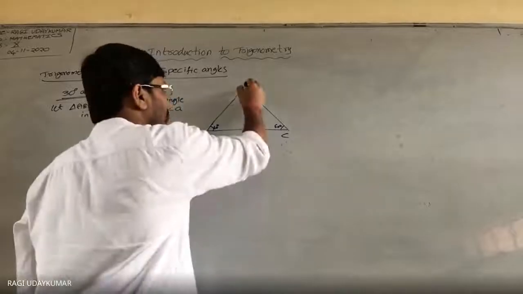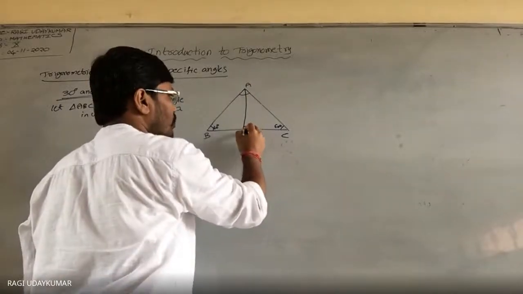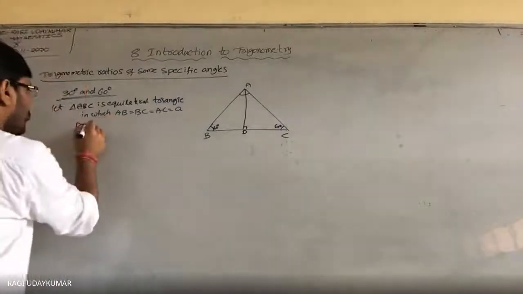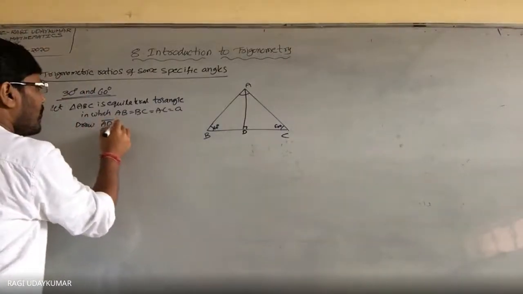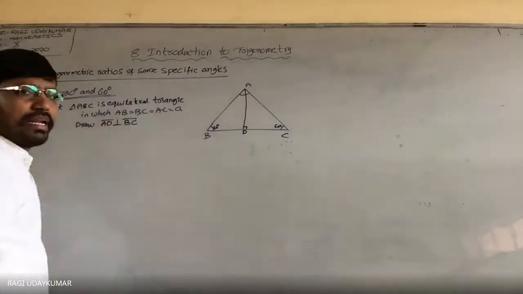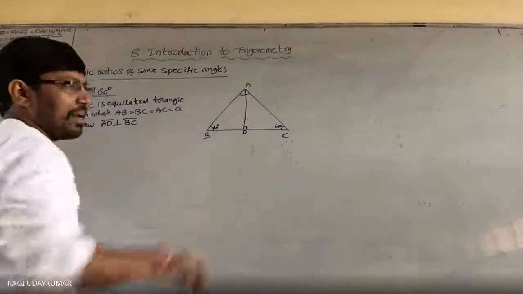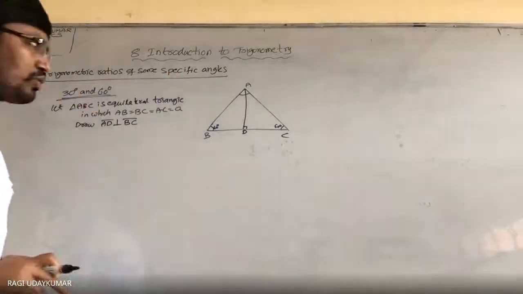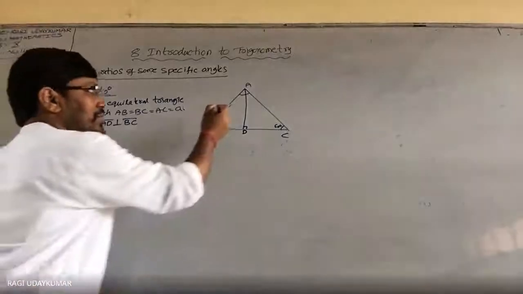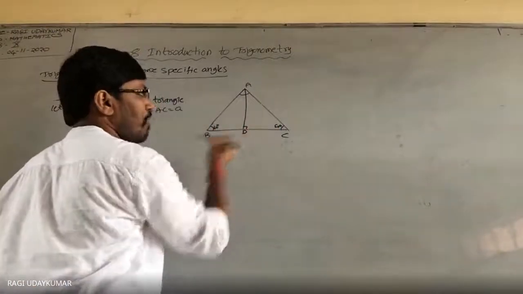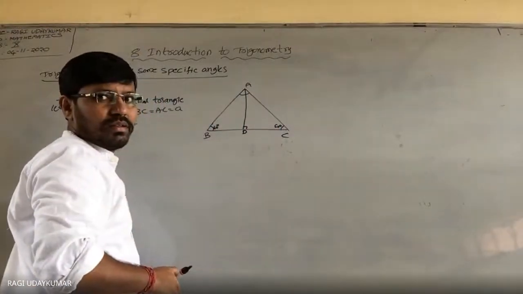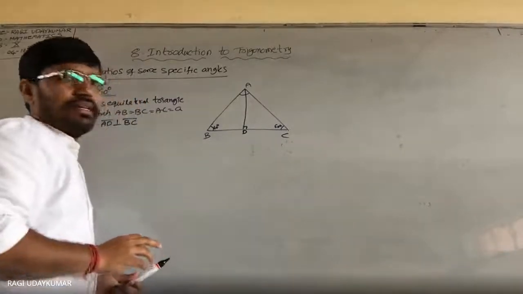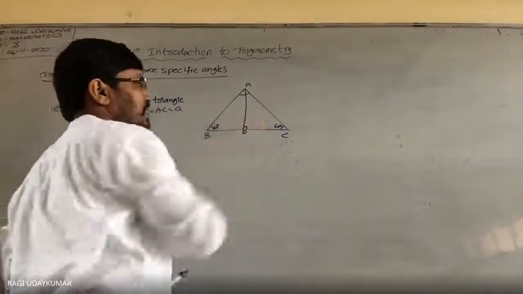Now drop a perpendicular from A to BC. So draw AD perpendicular to BC. When you draw the perpendicular, this side is equal to this side and this is a common side. Can you say that these two triangles are congruent?